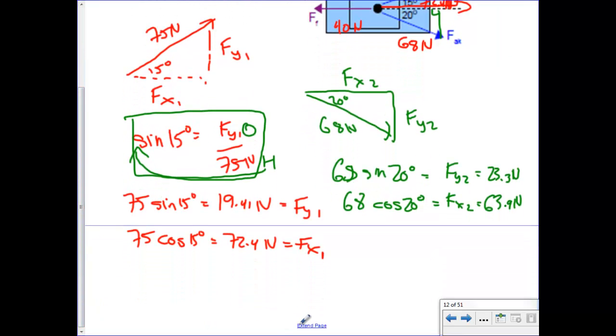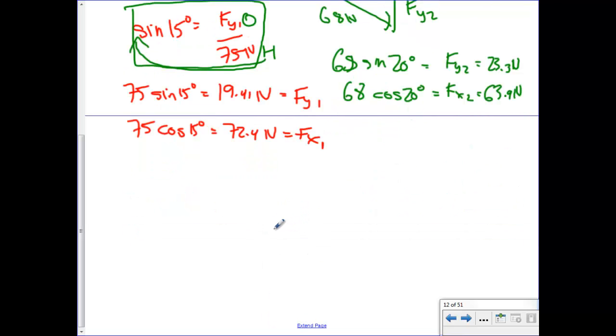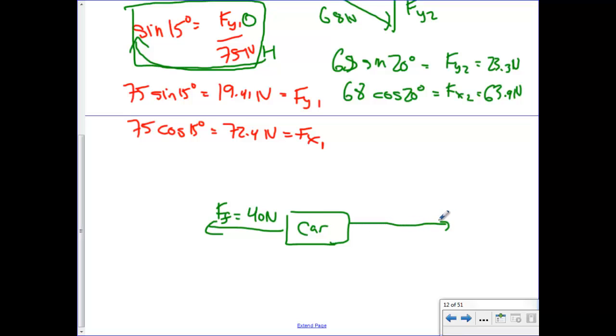Okay, I'm going to redraw my diagram then, if that's okay by you, because that first one is a little messy. Here's what we have. You have your car, which I'm just going to use as a box, and here are all the forces acting on that car. Backwards is the force of friction, which was, I believe, 40 newtons. Does that make sense? One of the guys was pulling in this direction, and I've got 72.4 as Fx1.